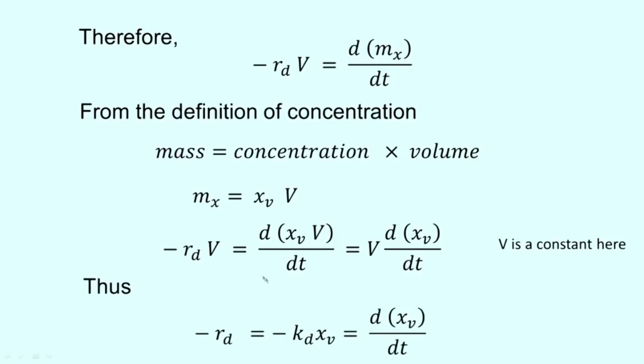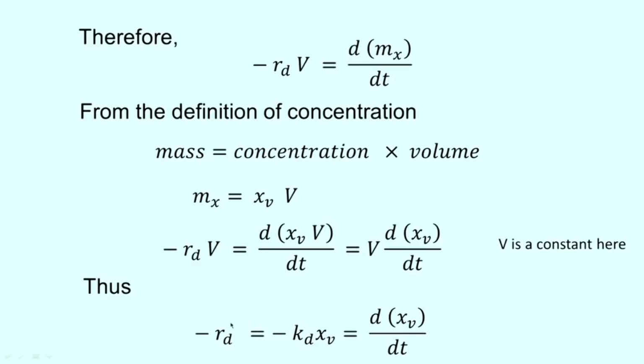Thus, we have a volume here and a volume here, we can cancel them out, they are the same volumes. Therefore, minus R D equals minus K D x v, which is what we had seen earlier.